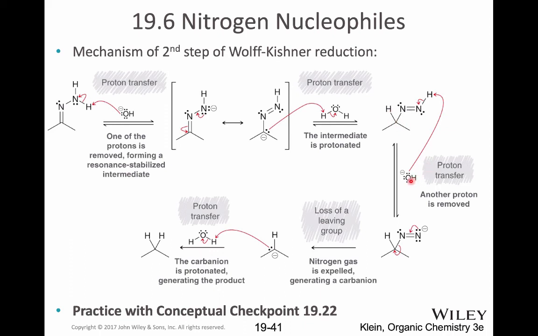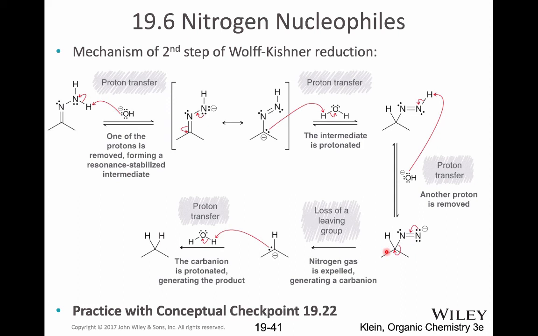I can do another elimination reaction. In this case, I'm going to remove this proton and push the electrons up onto that nitrogen. And again, you get this same thing here, but instead of pushing the electrons here, when these electrons kick down, they actually kick this out, and you make this carbanion here. Making this carbanion isn't really great, but the reason you can make it in this case is because you lose nitrogen gas.